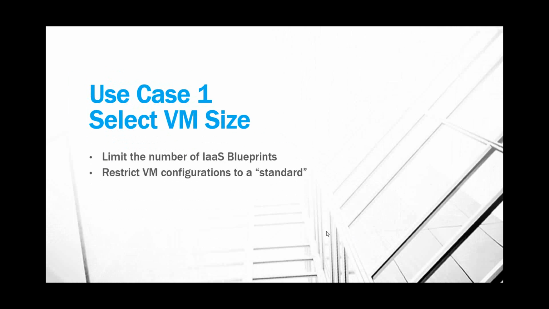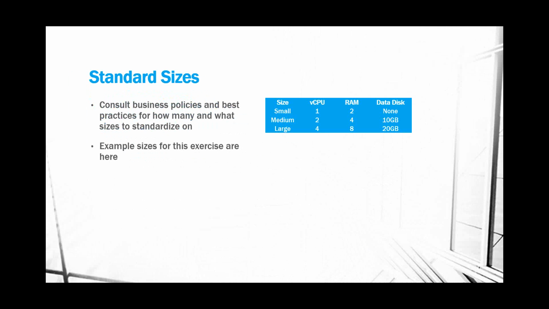All right, so one of the things that we'll need when we get started is some idea of what our standards are. Now, I don't have a ton of resources in my lab, so this is what I used. It's pretty small by most people's standards, but at least you'll know what to recognize when we get to it later. You'll want to consult with your IT business policies and so on to determine what makes sense for your organization for what those standards need to be.